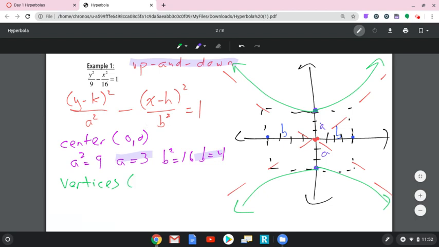So your vertices would be 0, 3, and 0, -3. Those are my vertices. Okay, now let's take a look at what else we can state. Now I know it's up and down, so I also know I have a vertical. We can state we have a vertical transverse axis.